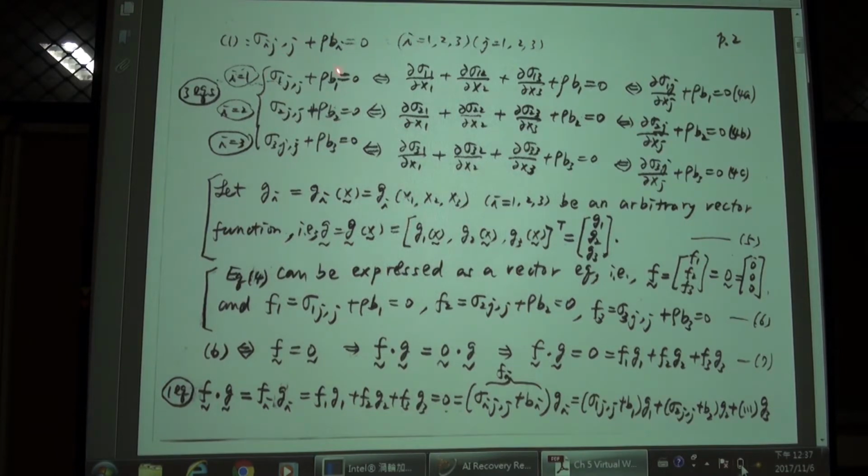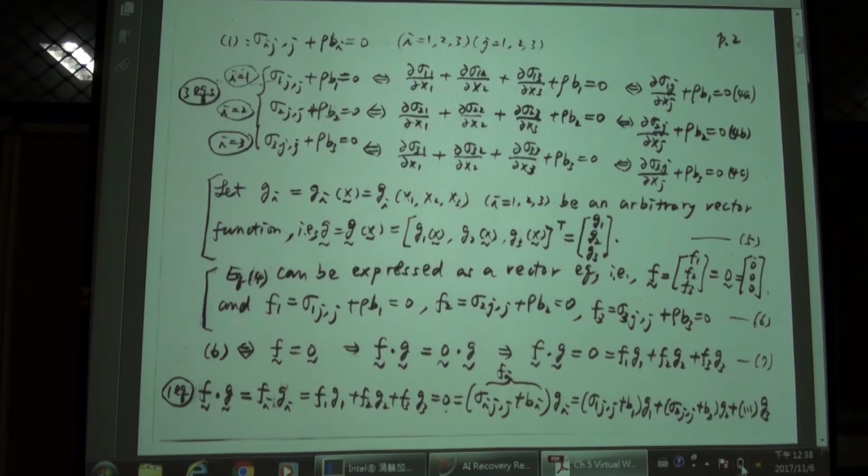So we have this equilibrium equation expressed in terms of three equations. Also, these terms can be expressed in this way, meaning that sigma 1j comma j is equal to partial sigma 1j partial xj. Okay, so we have three differential equations for equilibrium state.